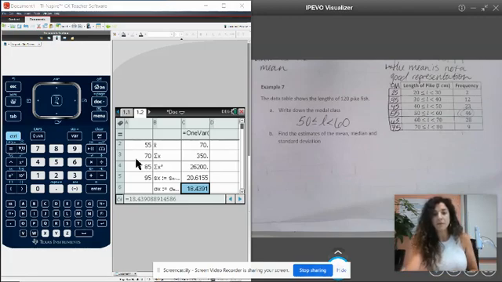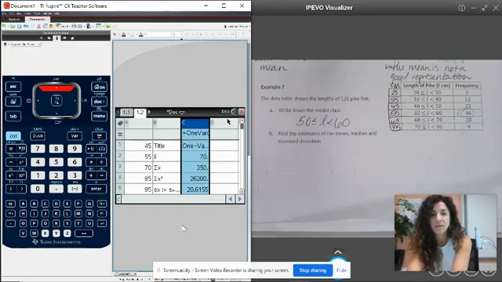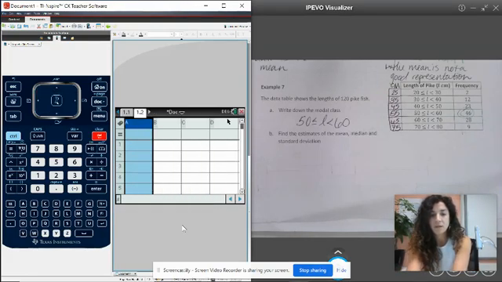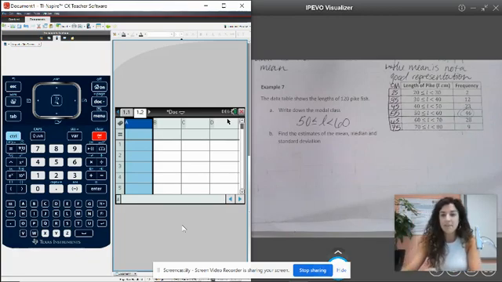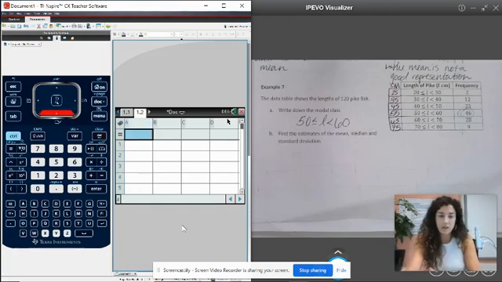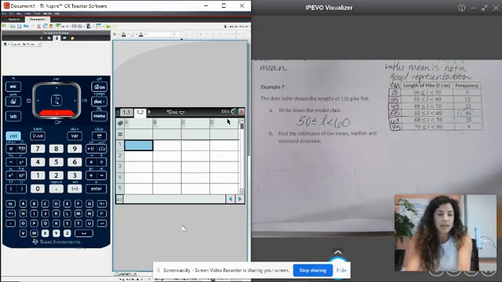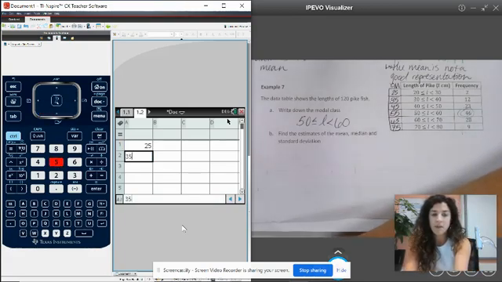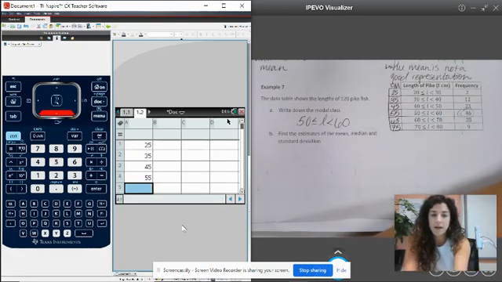So we're going to go into our calculator. And we want to find the mean, median, and standard deviation by plugging in 25, 35, 45, 55, 65, and 75.